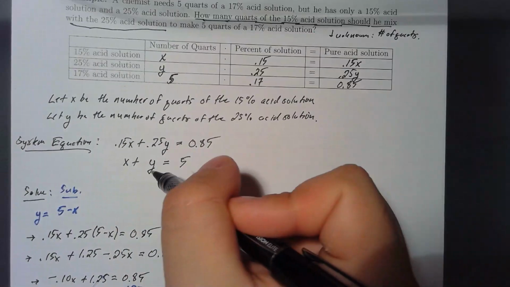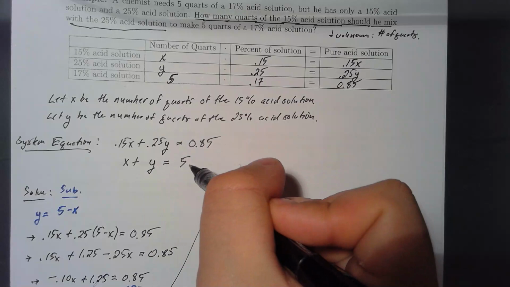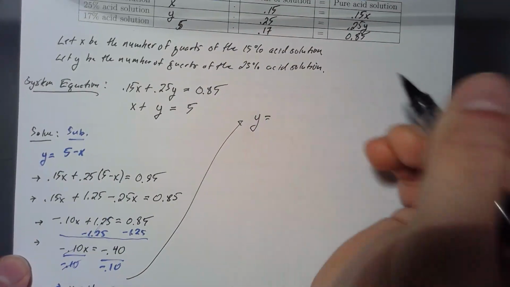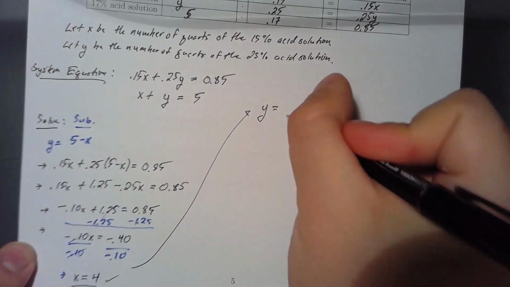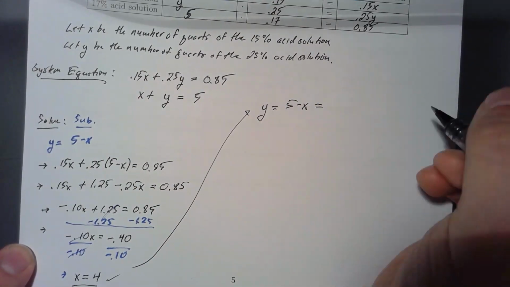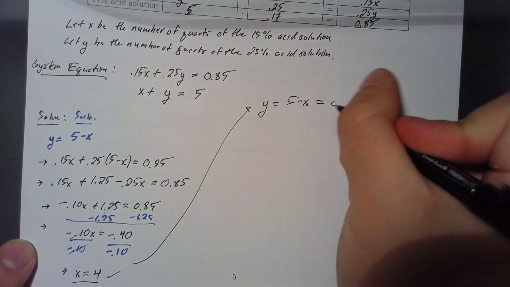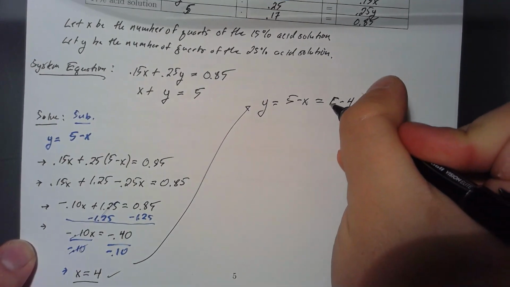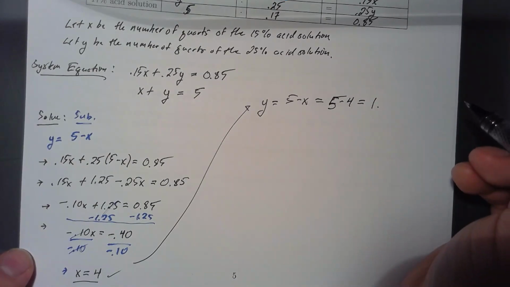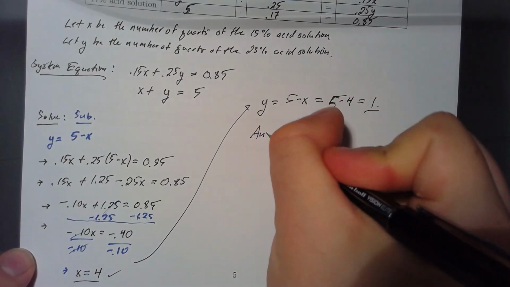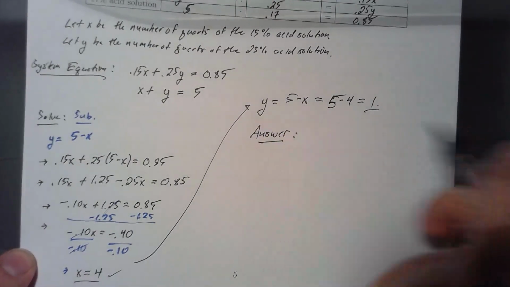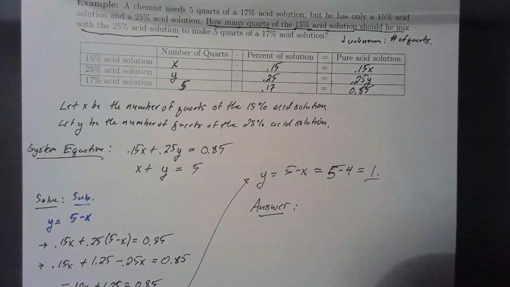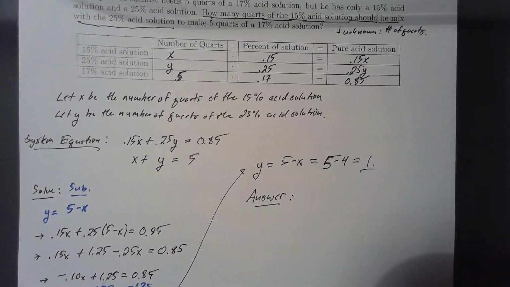You can see pretty easily, what adds up with 4 to get you 5? 1, right? So that means y is equal to 5 minus x. We just found out x to be 4. That's 1. I know my 5s look ugly. But, so to answer the problem, how many quarts of each type of percentage do we need?